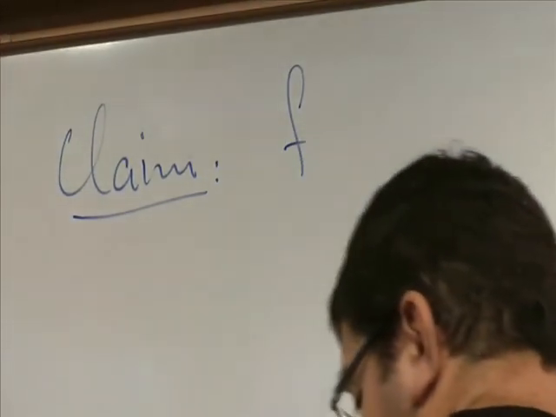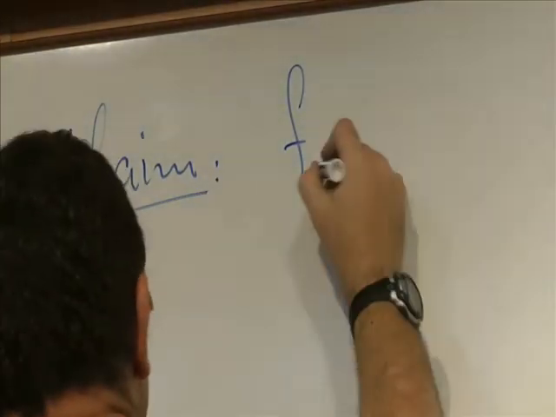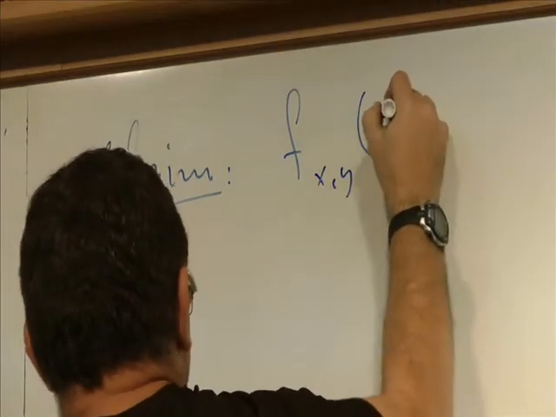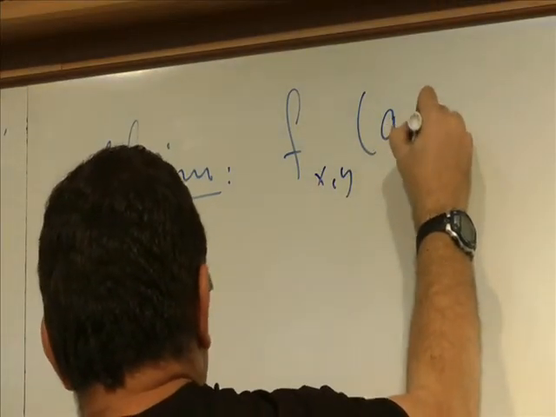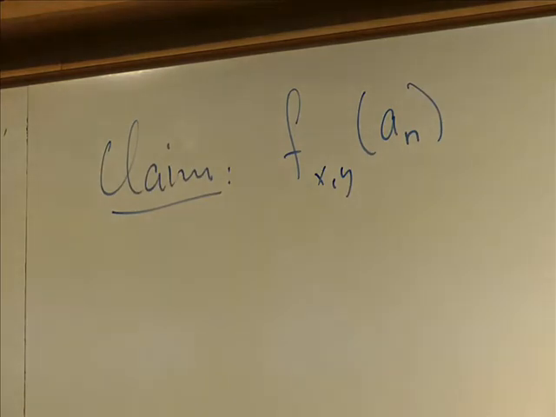And I claim that if I'm looking now at the matrix coefficients x, y, so now I'm going to apply this to these vectors x, y, but instead of elements gn, I'm going to use those diagonal elements.